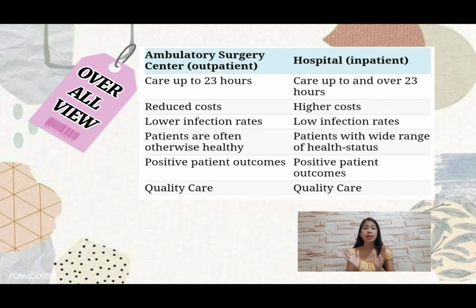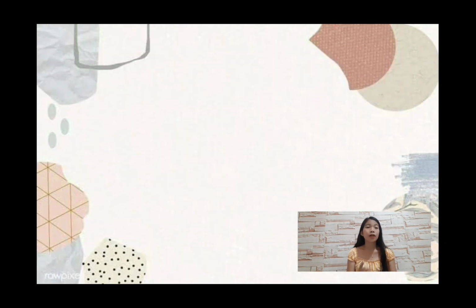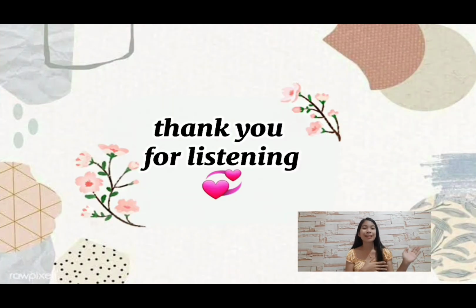Next, this would be the overall summary of how you compare the ambulatory surgery patient and the hospitalized surgery patient, known as outpatient and inpatient. That's all for my report. Let's hear from the next reporter. Thank you for listening.